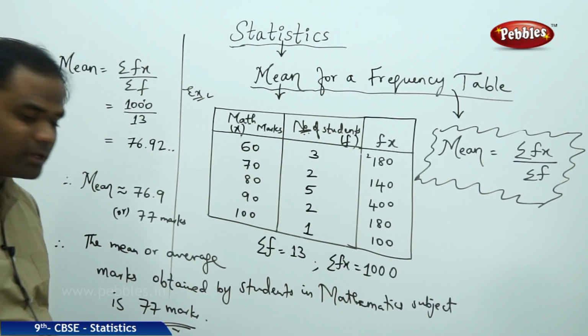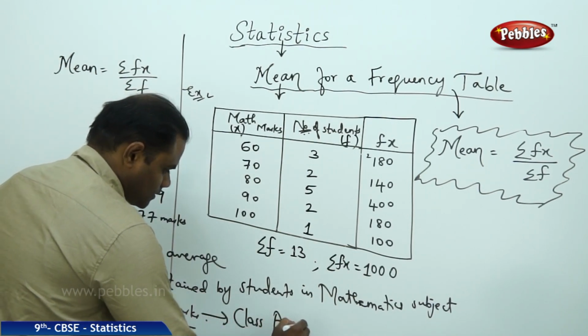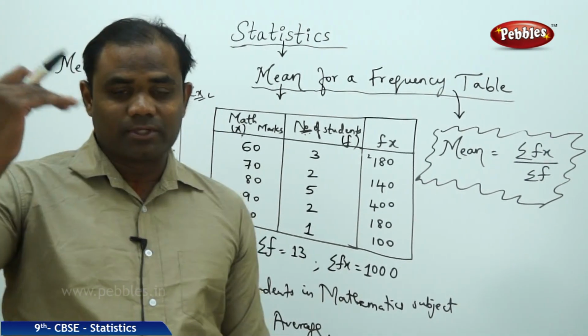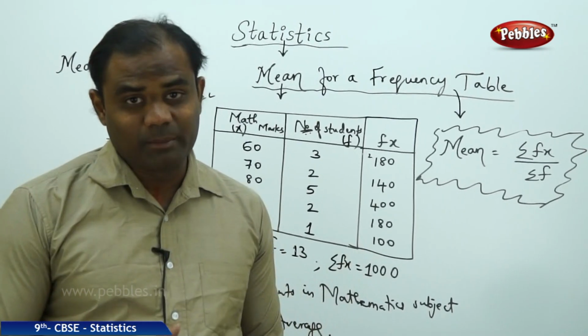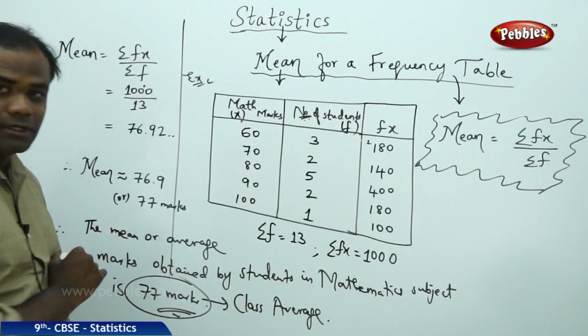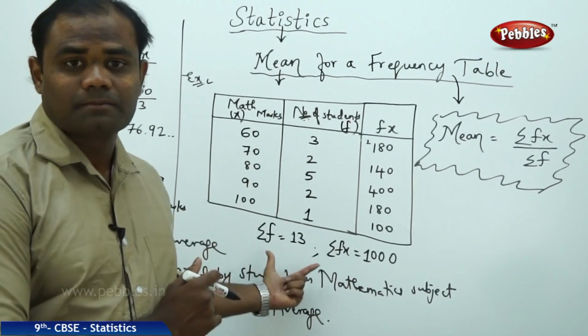I can say this to be the class average. The teacher proudly calculates the class average to know where the overall performance of the students is standing. Therefore, the class average is 77 marks in mathematics subject.